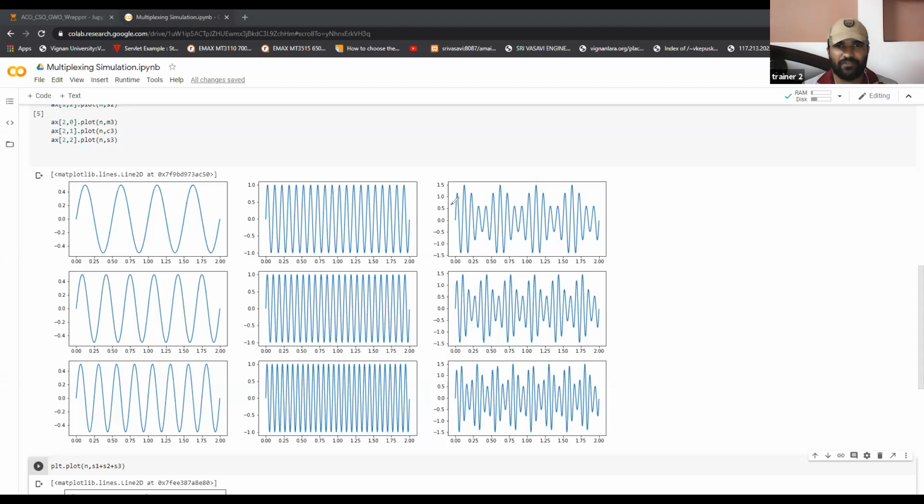Stop. So if you just consider only peaks of these signals, here if you get the peaks, I won't draw the bottom peak.